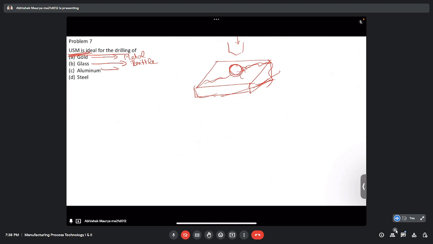Aluminum is a very soft material. It is also a metal, so it can easily be machined by an HSS tool, or let's say a carbide tool, or any tool. Steel is a harder metal, but it is also ductile. Still, there are many categories: mild steel, high carbon steel, cast iron.